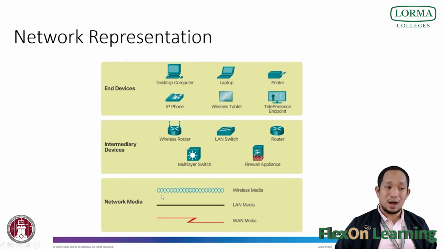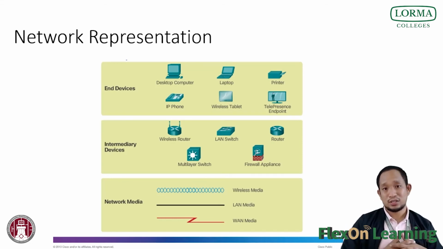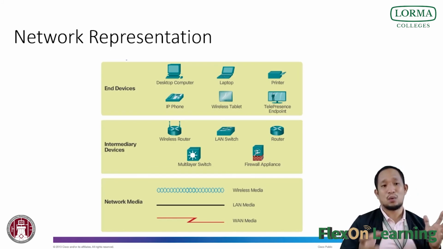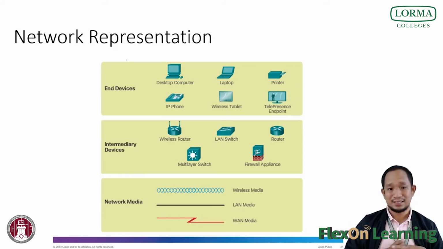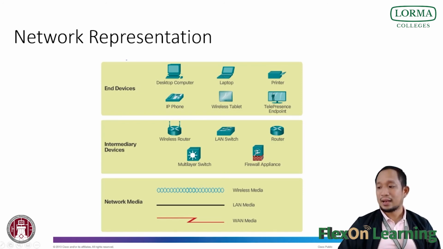This is now our wireless media, meaning through our Packet Tracer, there are connections from one wireless router to, let's say, a laptop that has wireless media. Another one now is our LAN, so straight line, that's copper, and our wide area network media. So these are the things that we're going to utilize on our Packet Tracer.